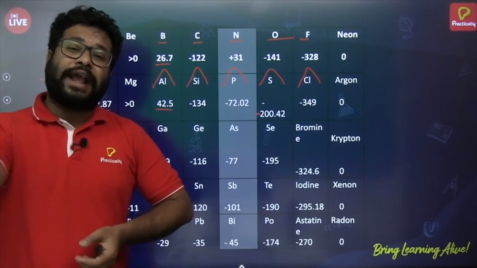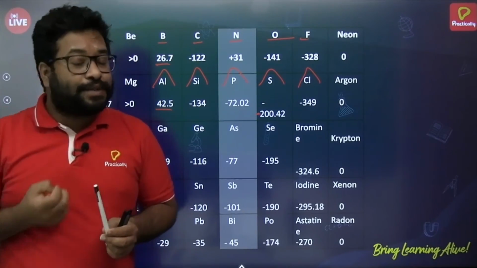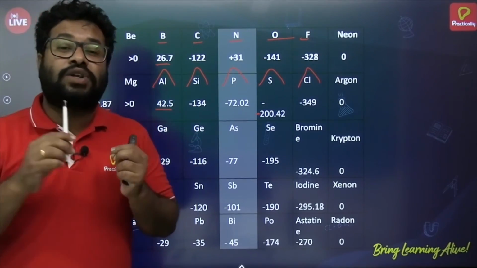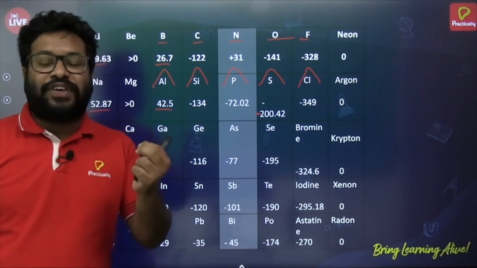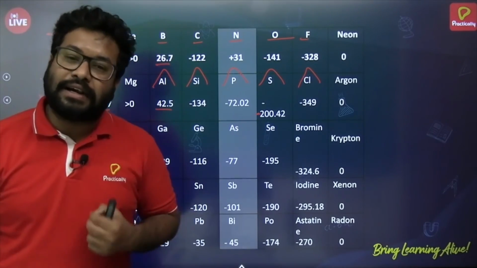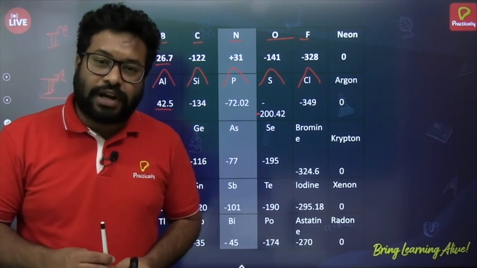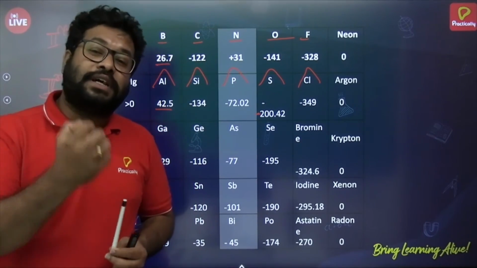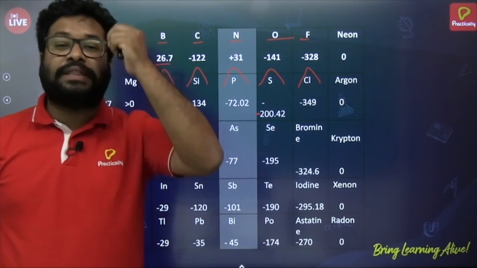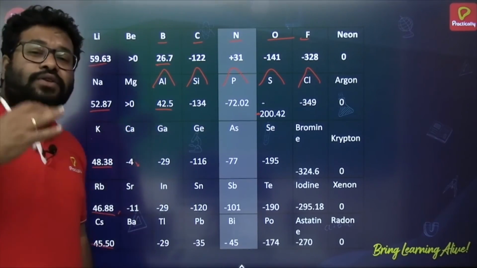So when you add an extra electron to them, since they are small in size, addition of that extra electron causes inter-electronic repulsion, and that is why they are reluctant to add an extra electron, or even if they add an extra electron, they will not release as much energy as was released by their family members present in the third period. That's the reason why they don't have higher values.